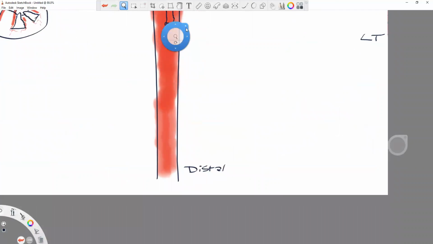And so distal. Now distal refers to, let's say, a blood vessel. Your blood vessels in your upper leg are proximal. Your blood vessels in your lower leg are more distal. Same thing for the arms. By convention, we speak of arteries and veins in the same way.